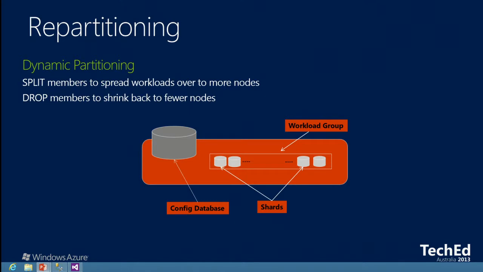I want to split members dynamically and split those workloads across multiple independent nodes. I don't want to do that manually. I can if I need to, but let me do it dynamically. And if my load is back down, let me merge back from 10 to 5 shards.